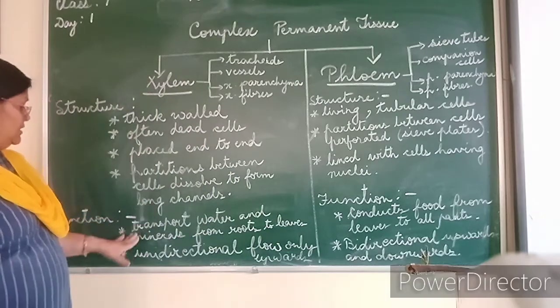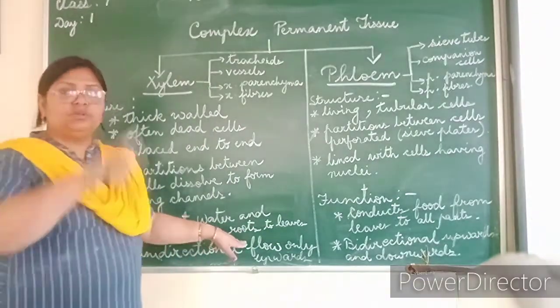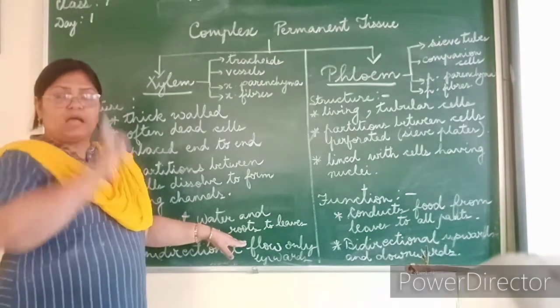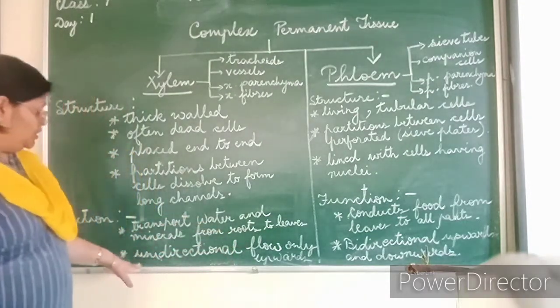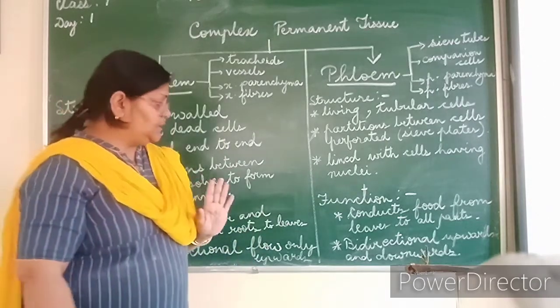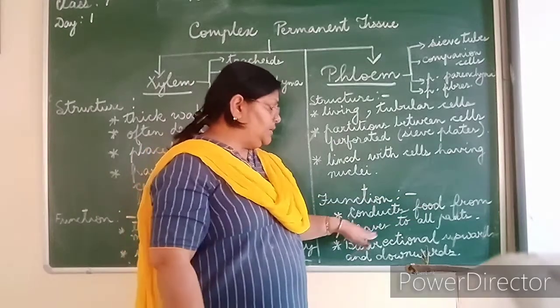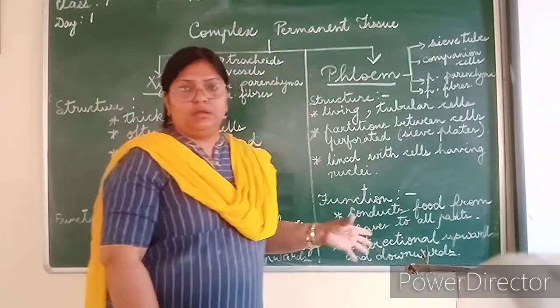Okay, now what is the function of both? Function of xylem: transport water and minerals from roots to leaves. So the flow is upwards, only in one direction. Unidirectional flow, only upwards. Now function of phloem: conducts food from the leaves to all the parts.